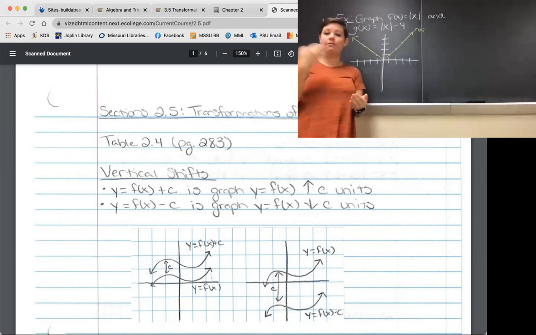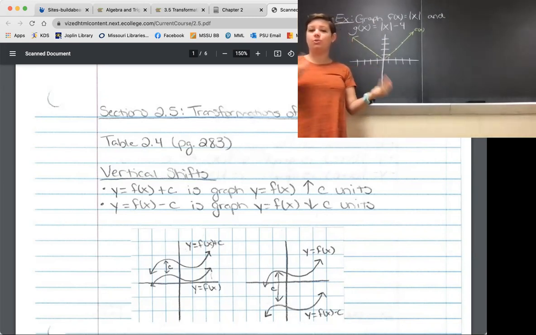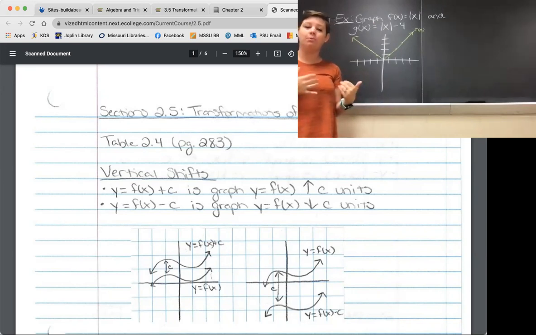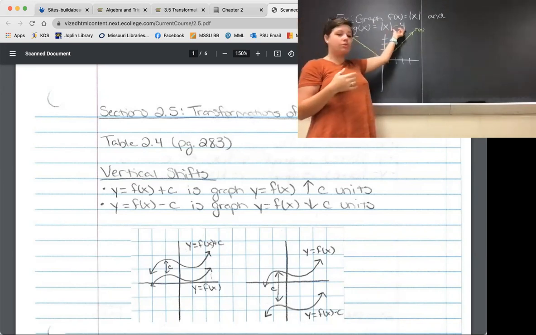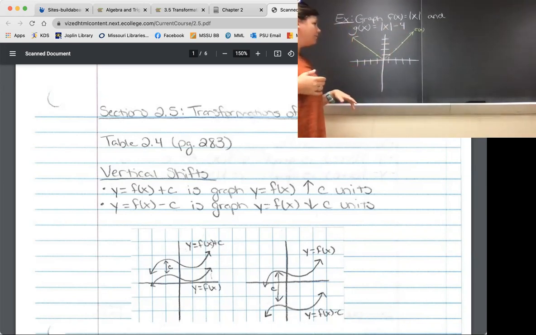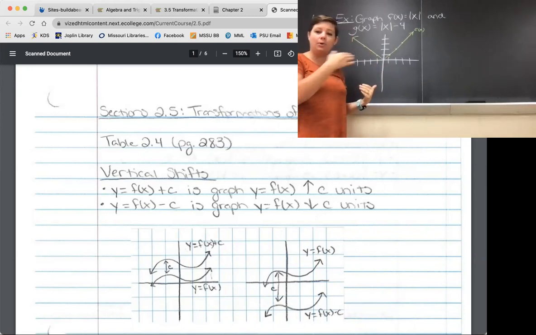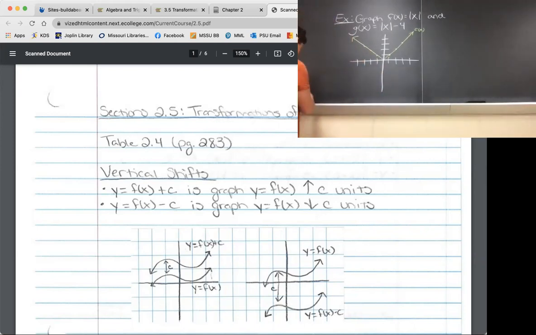That is how you know it's a vertical shift. In a minute, you'll see the difference between a vertical shift and a horizontal shift. So it's very important to note that vertical shifts are tacked on outside of the actual function. Okay? That vertical shift says minus 4. That means for every single value on my graph, I'm going to go down 4 units.